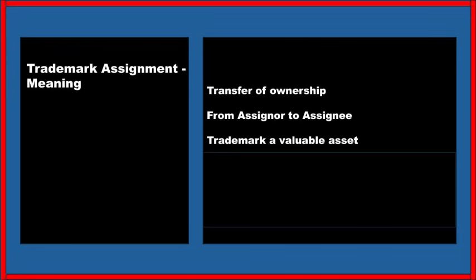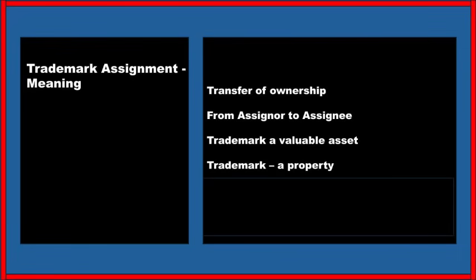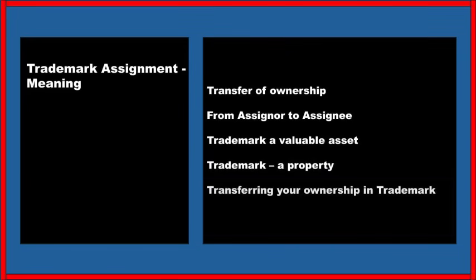Now this valuable trademark is actually a property, because please note that a trademark is treated as a property. So you have a property right in it. That is why, just like property, ownership of which can be transferred to someone else, you can transfer your ownership in trademark also. How do you do this?